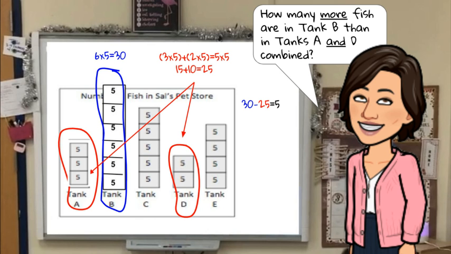Now, how many more are in tank B compared to the combined tanks of A and D? There were 30. We want to know more than means minus. So 30 minus 25 from tanks A and D, and that equals 5 more.